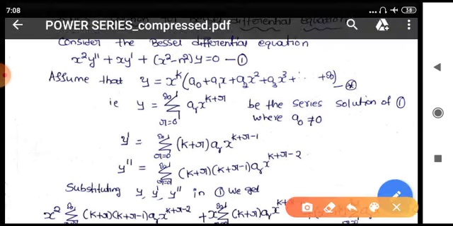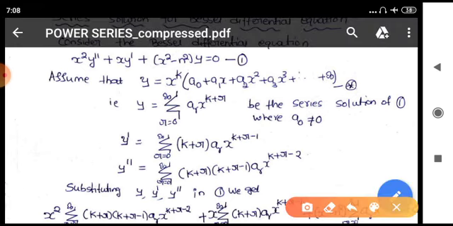Now y dash is given by, here ar is constant, so we will write ar as it is. Derivative of x power k plus r is (k plus r) into x power k plus r minus 1. So y dash is summation of (k plus r) ar x power k plus r minus 1.